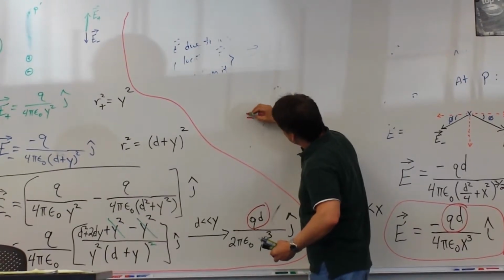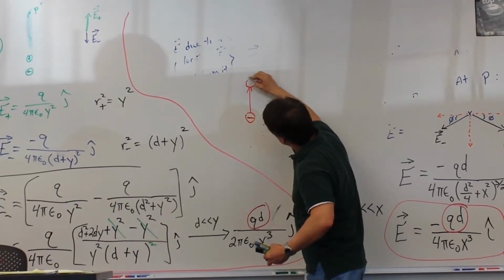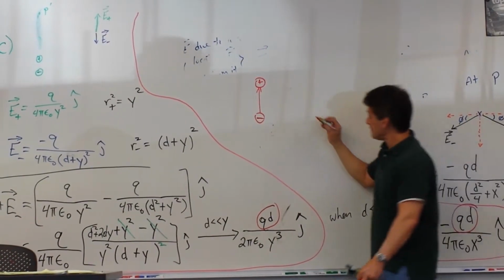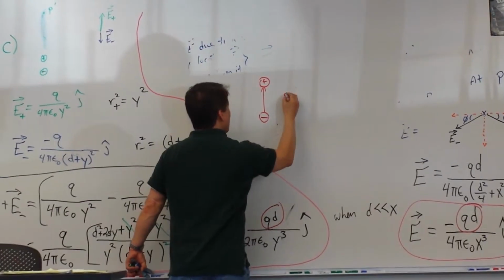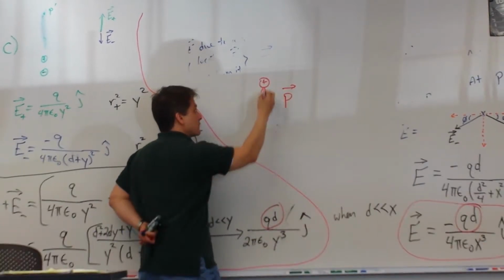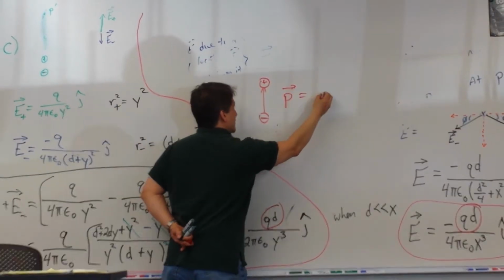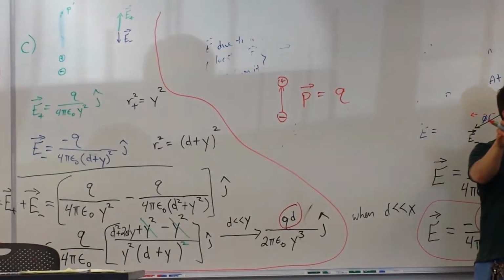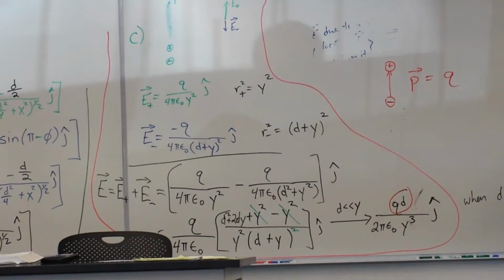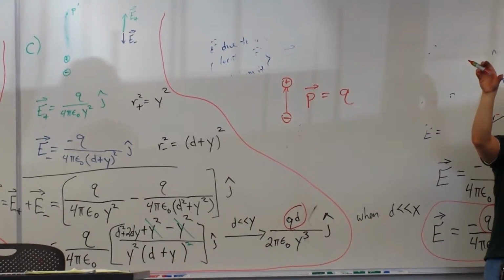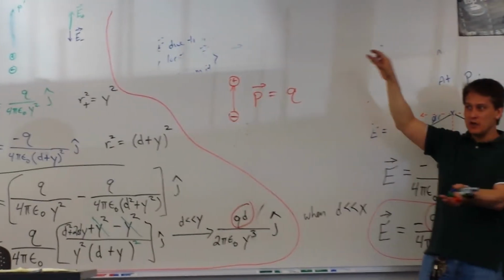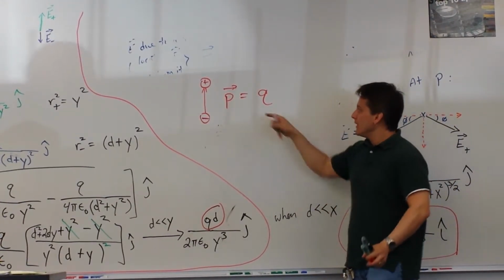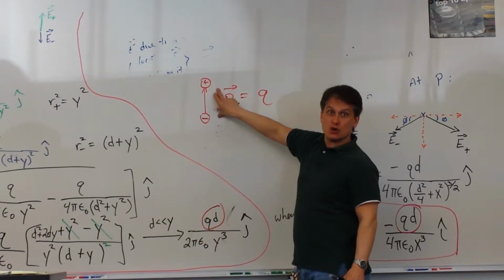If we have the minus charge pointing a certain distance of separation into the positive charge, then the dipole moment vector, which is defined from negative to positive, is related to the magnitude of the charges, because again, the assumption for a dipole is that they're equal and opposite charges. It's not a 2q and a negative q. For it to be an effective dipole, you need to assume that you've got equal and opposite charges.